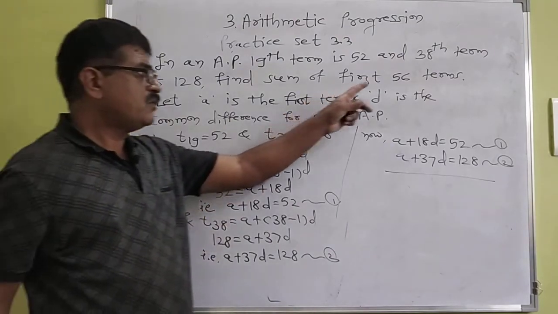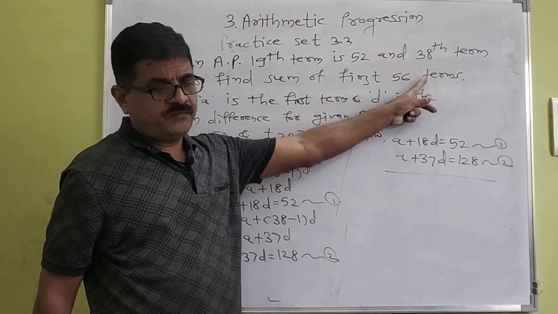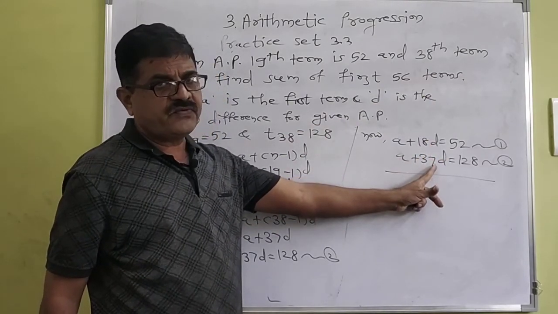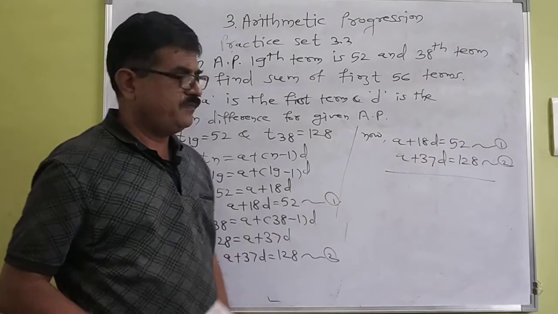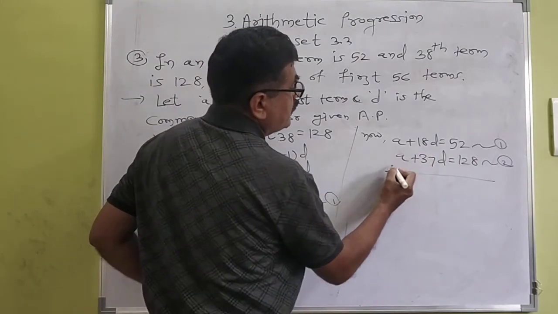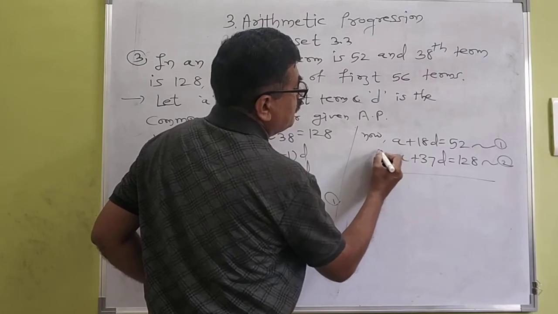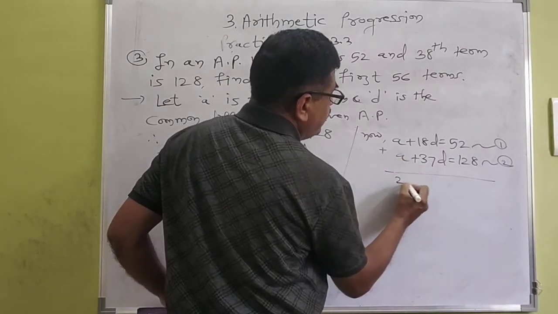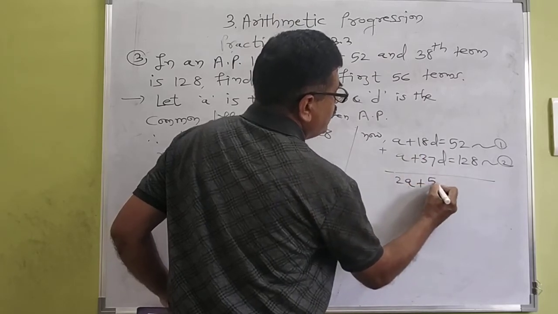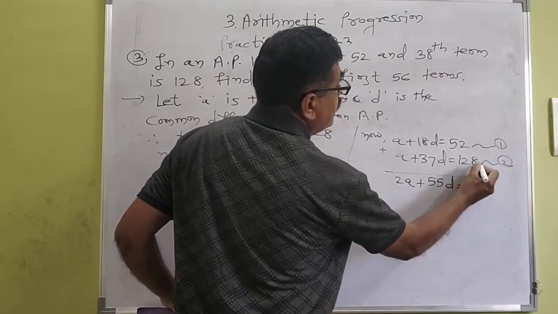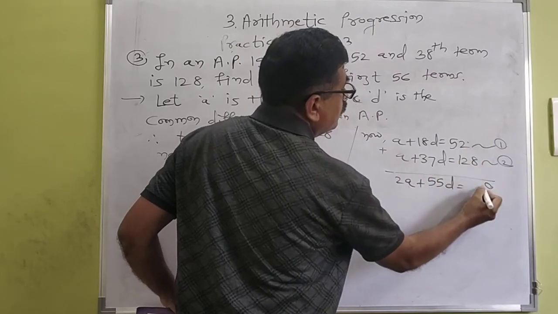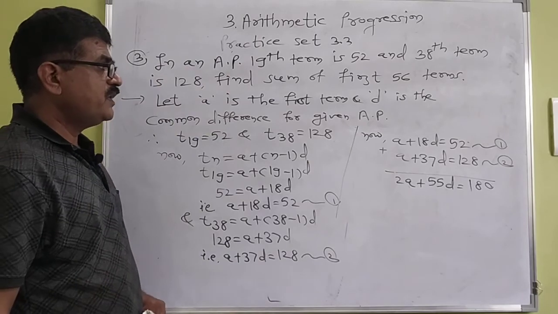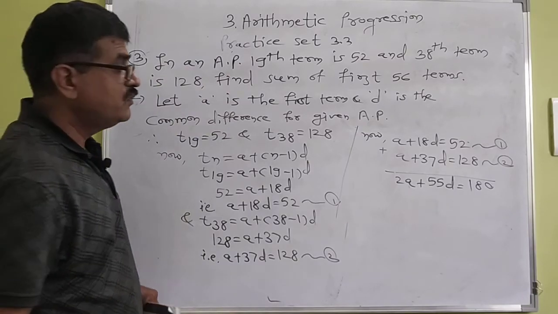Now here we have to find the 56th term. Therefore, take the addition of these two, that is 55. Take the addition by adding this: 2A plus 55D is equal to 180.